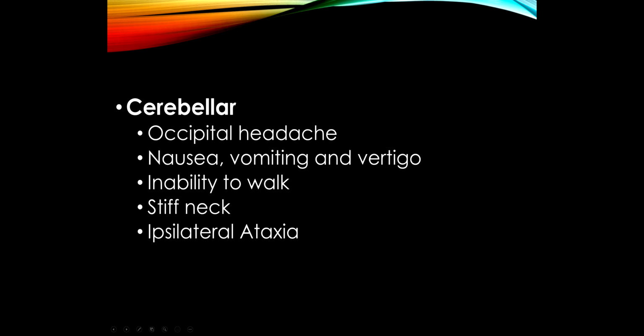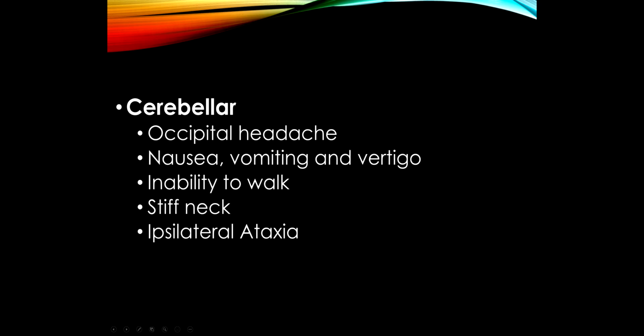Now, if our hemorrhage is in the cerebellum, this is the least common, but from my perspective, it's the most important one for you to know about, because these are the ones that we can really intervene and save a life. And so with bleeding in the cerebellum, that mass effect in the posterior fossa, patients present with an occipital headache.